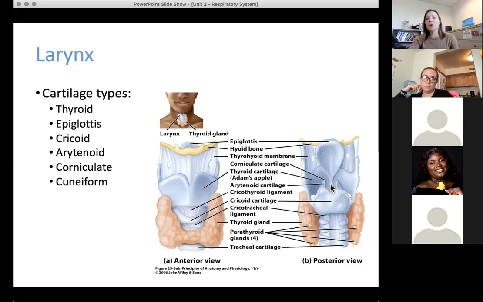It is only about 2 inches long, so it's a small section, and it has several functions that you can list here in your outline. The first function is that it holds the airway permanently open.